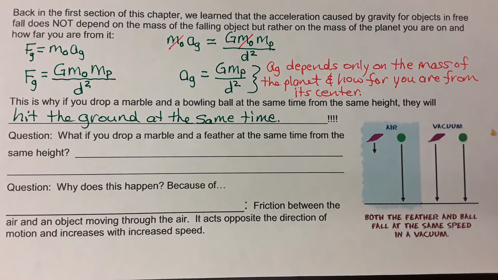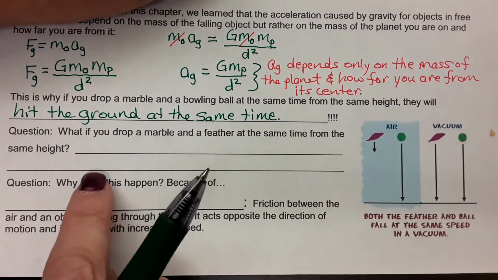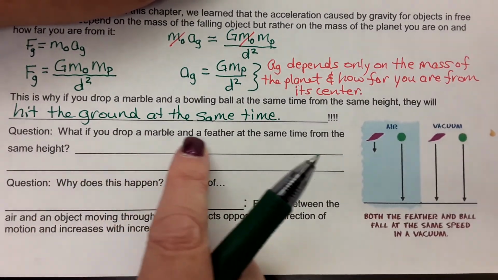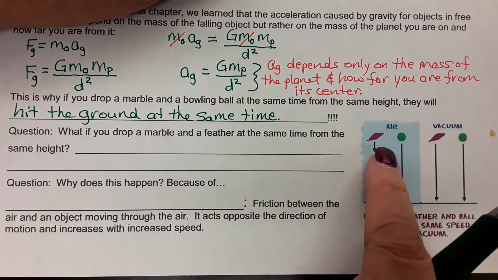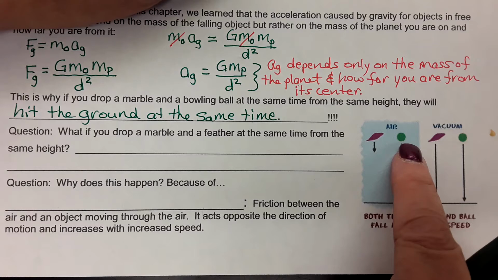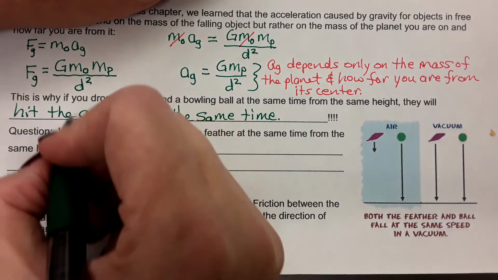Now, that's a marble and a bowling ball, but what if we change the situation a little? What if we drop a marble and a feather at the same time from the same height? Like right here. Here's a feather, here's a marble. Suppose we drop them at the same time from the same height. Well, I think you know what would happen.